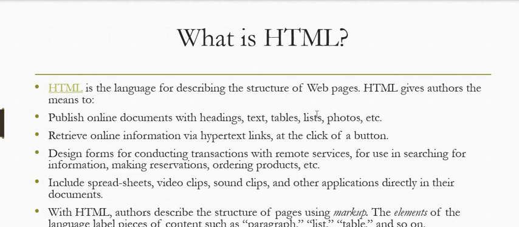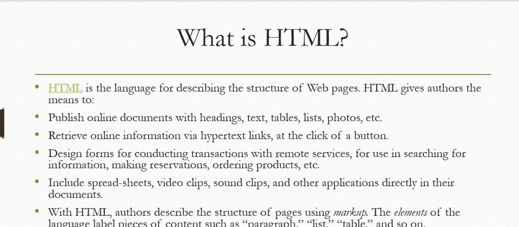So what is HTML? HTML is the language for describing the structure of web pages. It gives the author the ability to publish online documents, retrieve online information at the click of a button, design forms for searching for information, and you could even embed spreadsheets, video clips, sound clips, and other information directly within an HTML file.